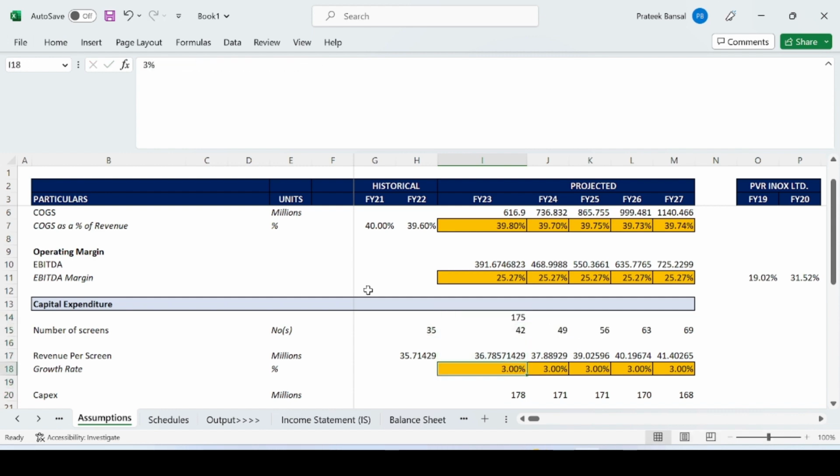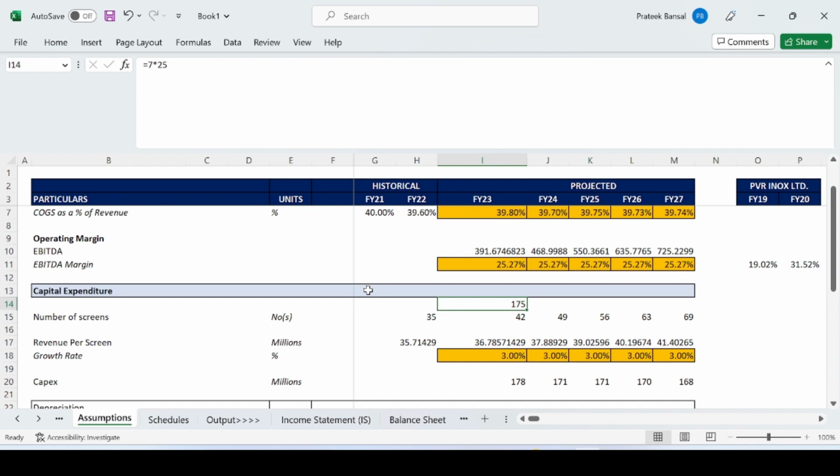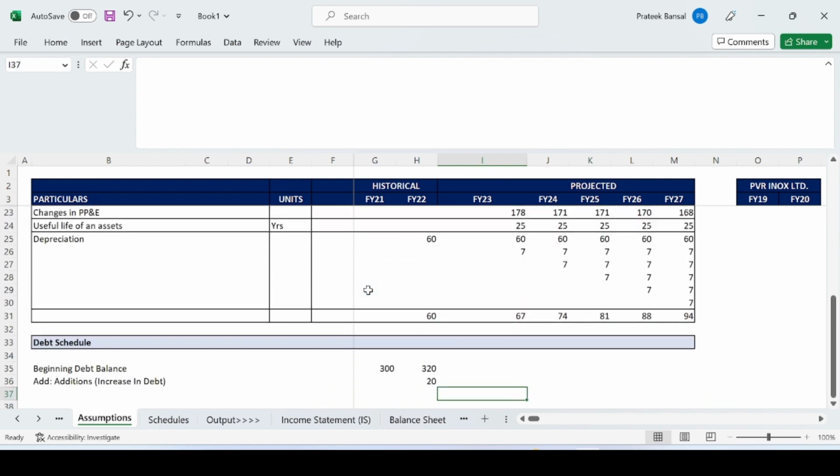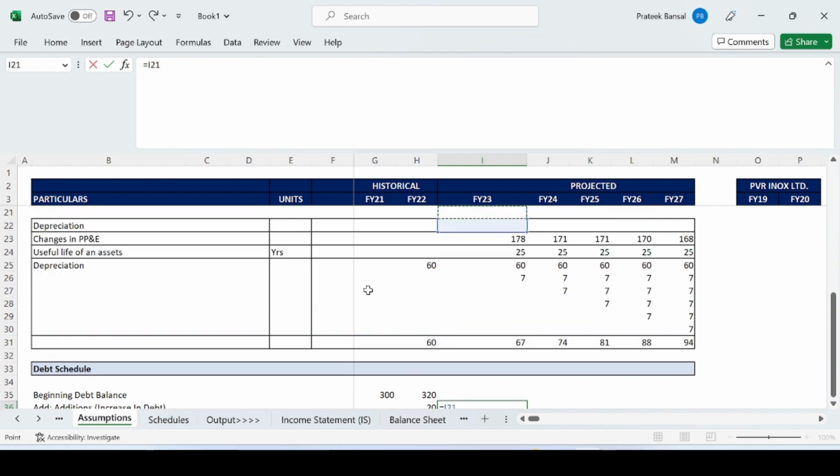I guess it is in decimal, so we have computed it. We can take this capex as our increasing debt balance, because we are assuming that the whole amount for the increase in the number of screens will be funded by debt only. So we can link this capex amount here.